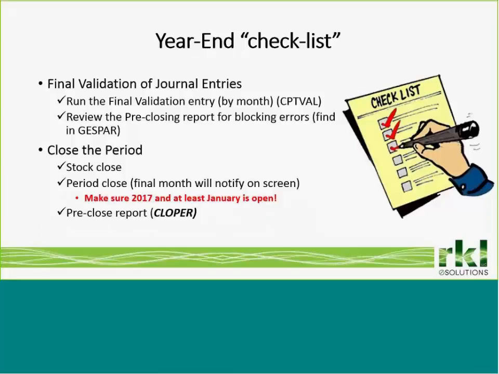One thing you need to make sure of is that 2017, and at least January of 2017, is open. I have a screenshot and a slide coming up where I'll show you where that is. You need to make sure that 2017 has been defined and is open, as well as January. Most of the time people would open January through December, but at least January needs to be open.